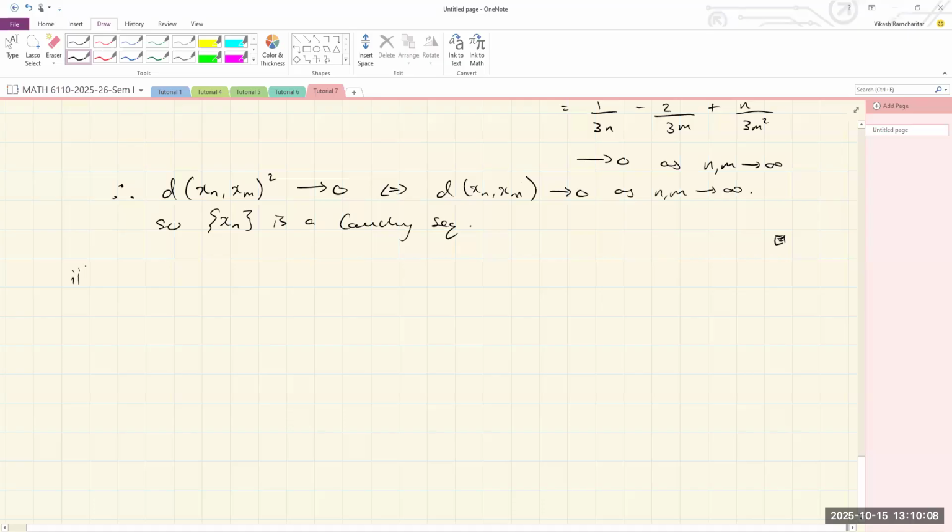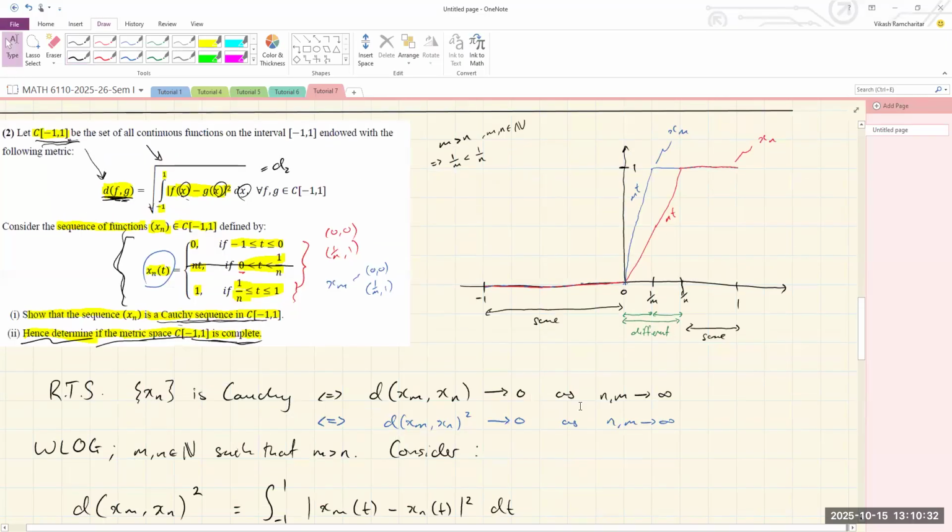Okay, so for part 2, I'm going to define this function, x of t. It's going to be 0 on the left of 0, so 0 if t is less than or equal to 0. Let me just make sure the inequality sign is the same.